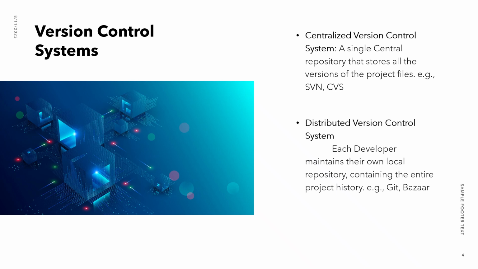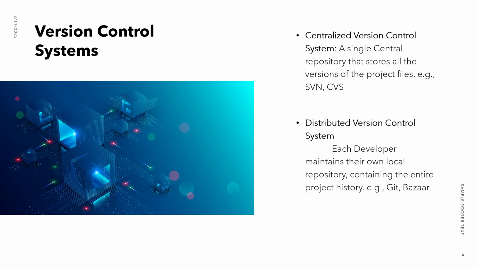And essentially, when it comes to version control systems, we have the centralized version control system, where each and every individual within the development lifecycle gets a chance to work on a particular repository, and the repository is actually centralized within the software development lifecycle.